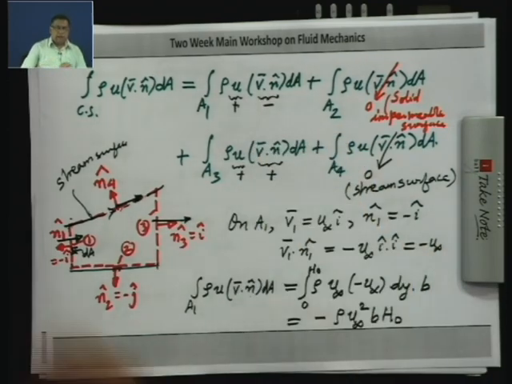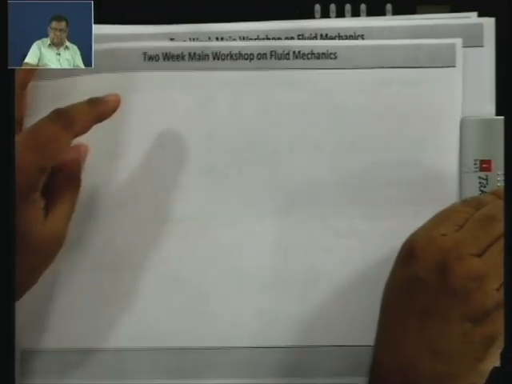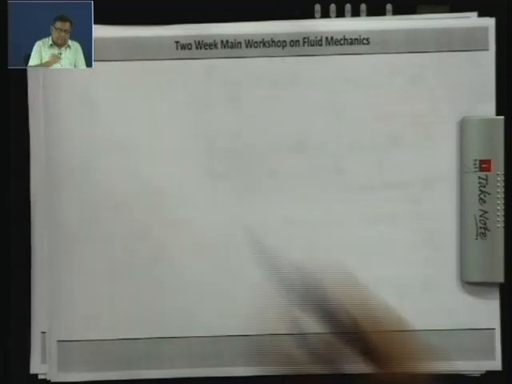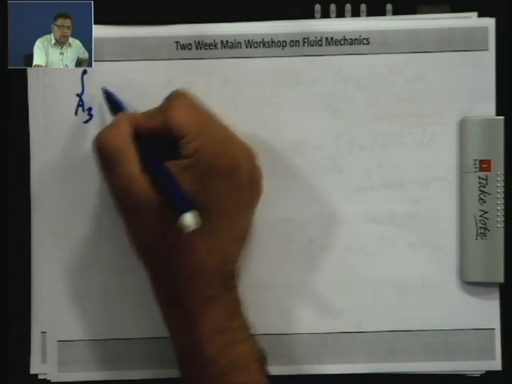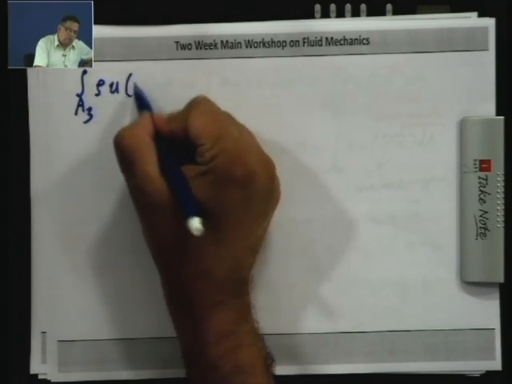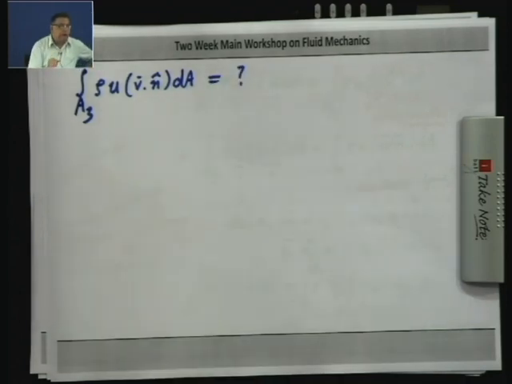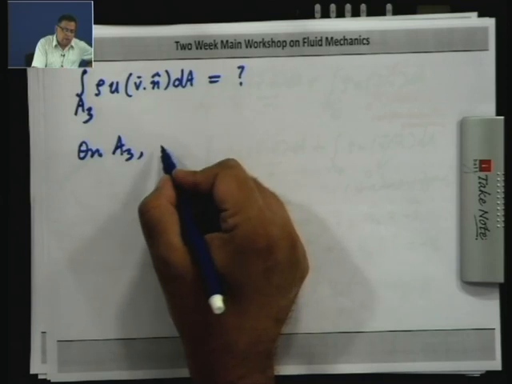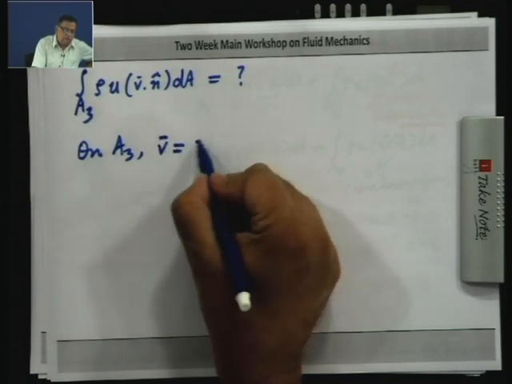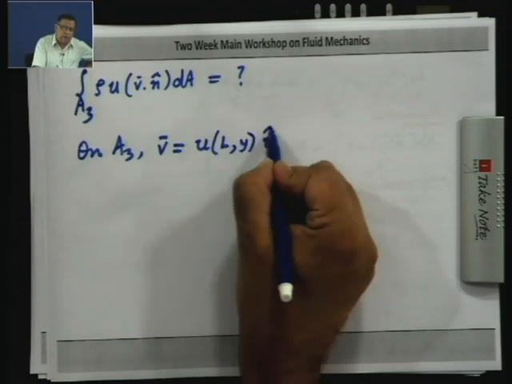Now, let us look at the third one. The integral over the surface A3 of rho u V dot n dA is what we want to find. Now, on A3, V we are saying is u at x equal to L, y i.